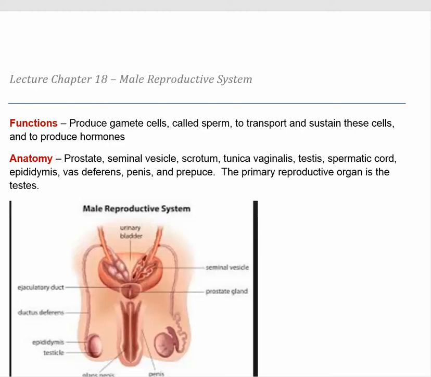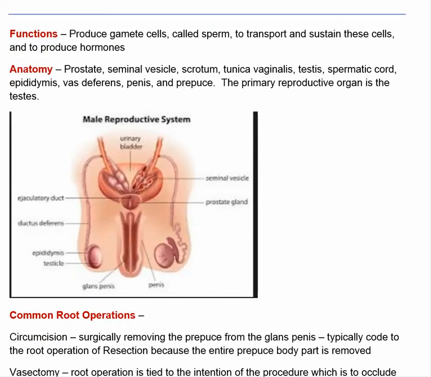There's also a graphical picture of the male reproductive system in the textbook. And you should be familiar as a coder with the major organs of this particular system. As noted in the textbook, the primary reproductive organ from a functionality standpoint in a male is the testes.